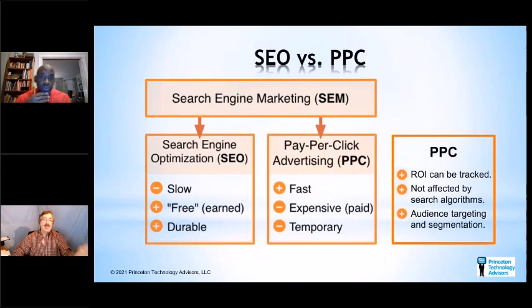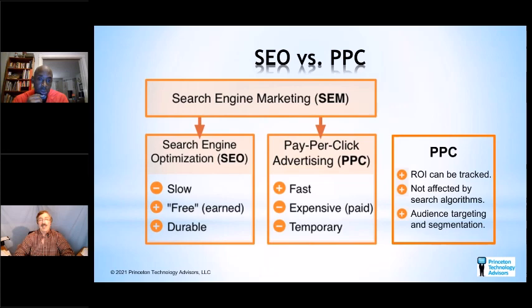When you compare search engine optimization to pay-per-click, there's pros and cons because they work differently, but they are both a search engine marketing strategy, but they're different types of strategies. So search engine optimization is slow to realize. It may take weeks or months for your keywords and your social media presence to augment and to give you presence on your website and your sites.